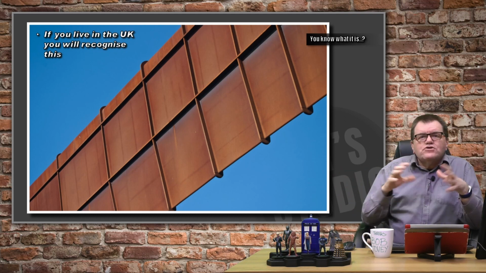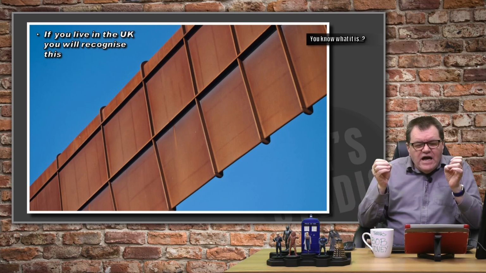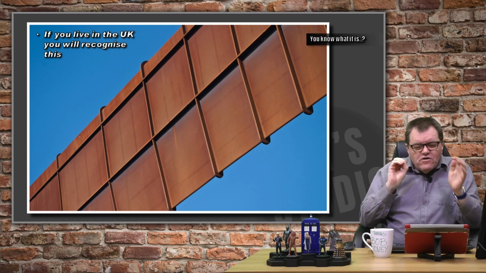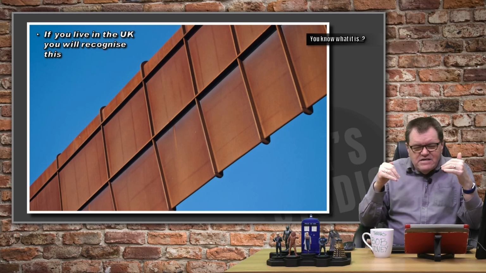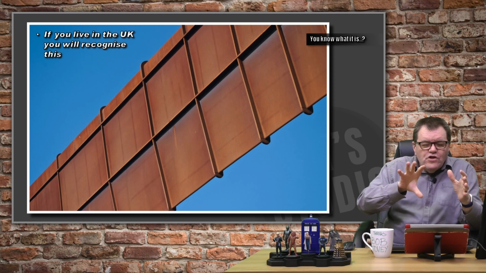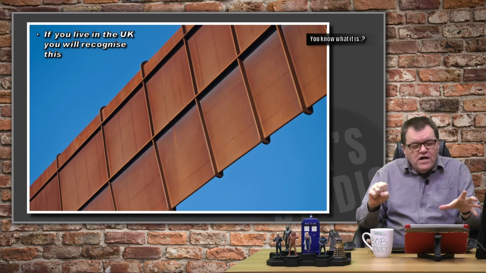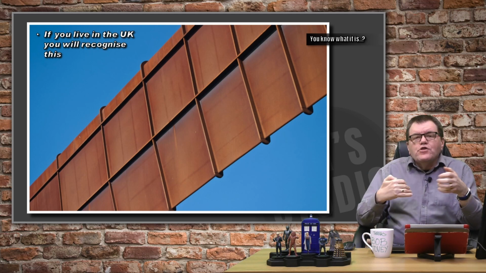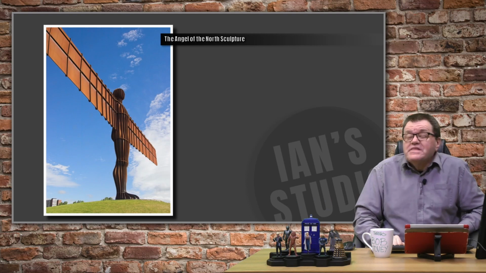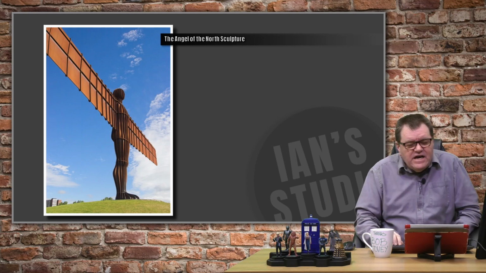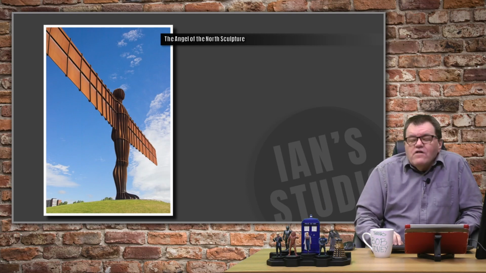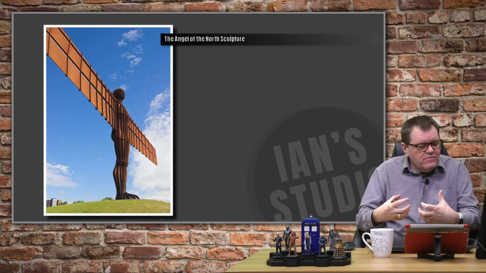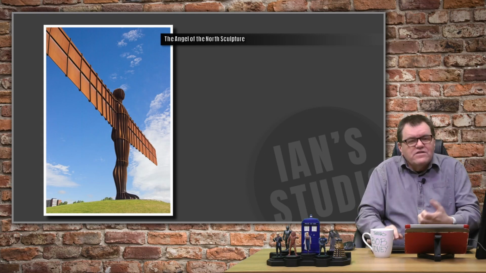But it creates an interesting abstract, and it allows us to concentrate and to focus in as a viewer on how this structure is made, and the ribs on there, the wing, as it were, of, well, the Angel of the North in Gateshead on there. So just thinking about details as a way of telling that story.